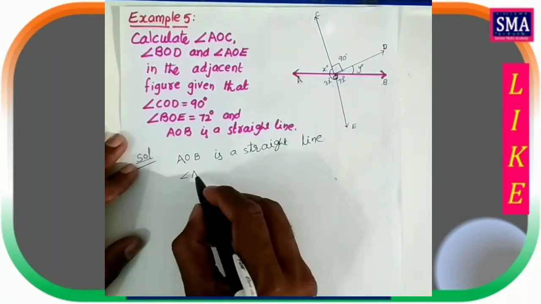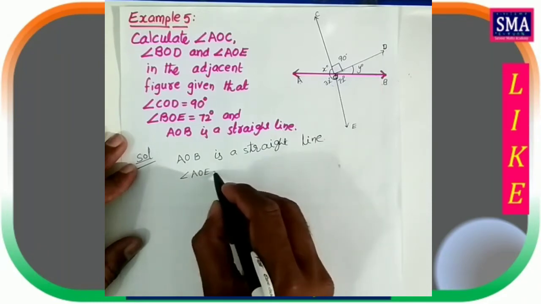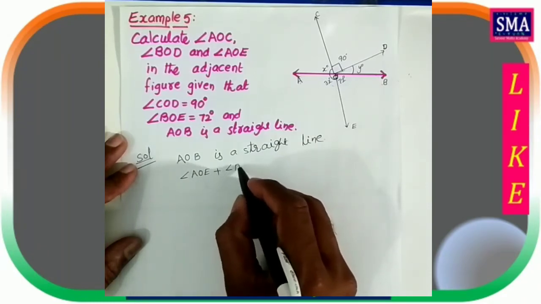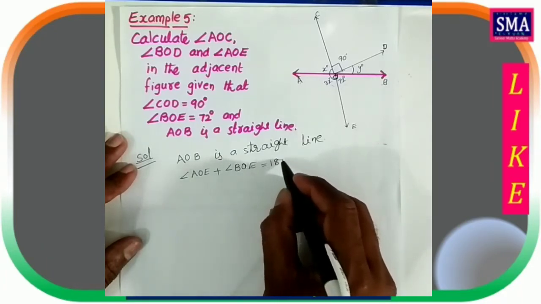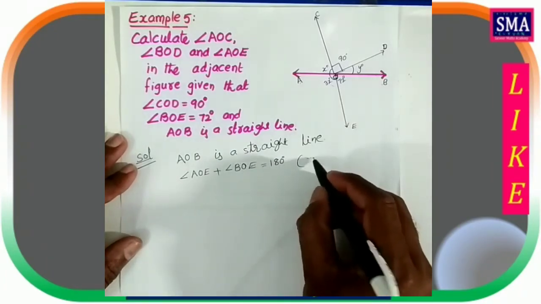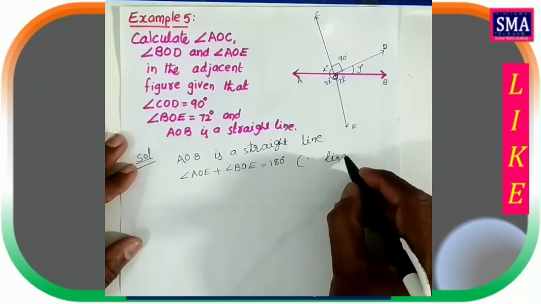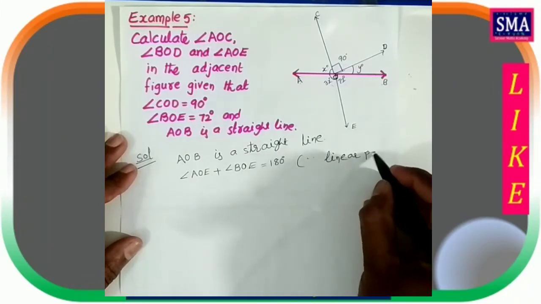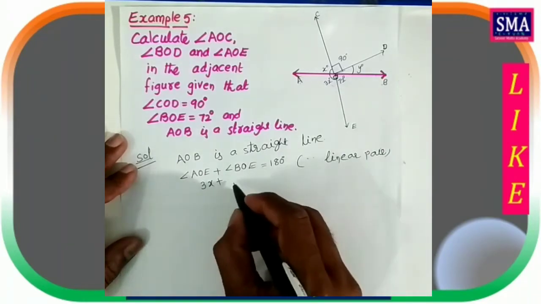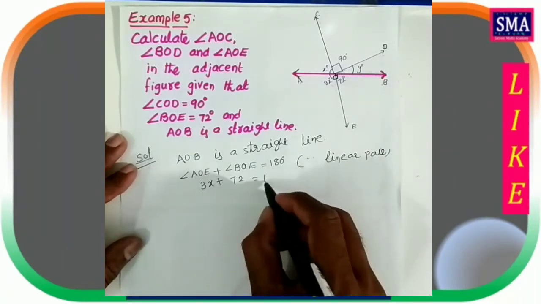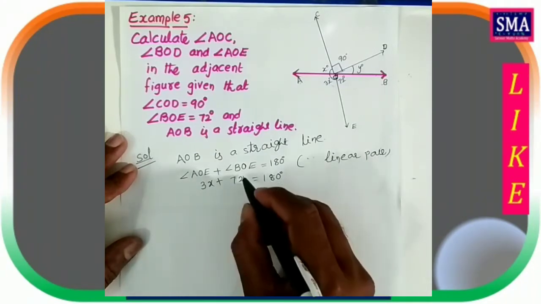So angle AOE plus angle BOE equals 180 degrees because of the linear pair. Okay. So AOE equals 3x, so 3x plus 72 degrees equals 180 degrees.